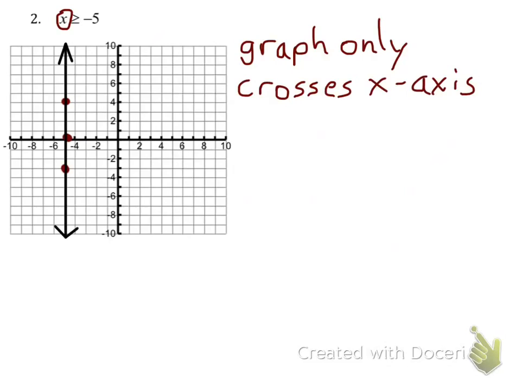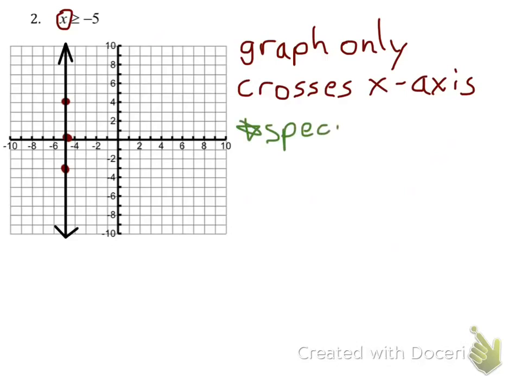This time it is a solid line because the inequality sign is greater than or equal to. And then we have a unique situation here, because usually, as in the previous problem, we would shade above the line if it was greater than or equal to, or below the line if it was less than or equal to. With a vertical line, you cannot shade above or below it because it is vertical.